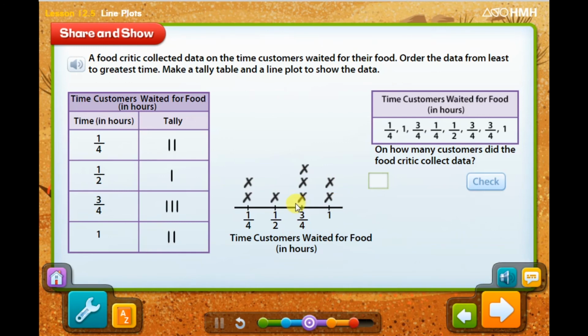So the number of customers in all is the number of X's in all. So let's count how many X's we have along the line plot. 1, 2, 3, 4, 5, 6, 7, 8. So the number of customers in all is 8. Let's check. That's right. The food critic collected data on 8 customers.